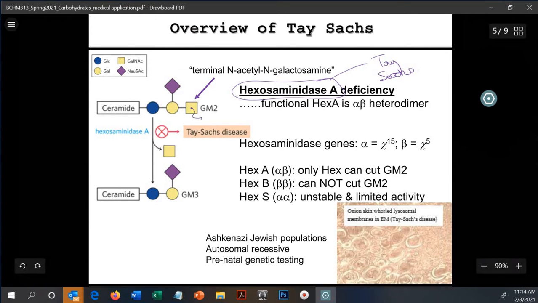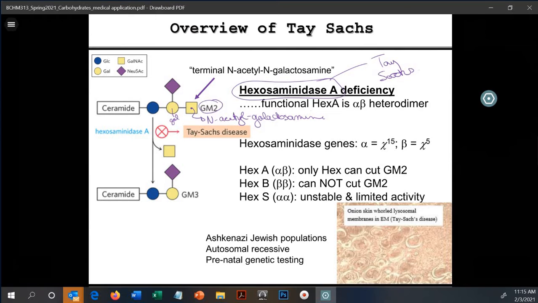So this guy here is N-acetylgalactosamine, and cleaving that away from this guy here, which is galactose. And so if you can't do that, you're going to have a buildup of ganglioside GM2 in the lysosomes.